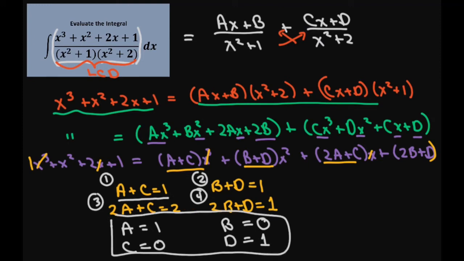And we're going to substitute them back into this right here. All right, so this is going to give me, let's see, the integral of x divided by x squared plus 1, plus 1 divided by x squared plus 2 dx.